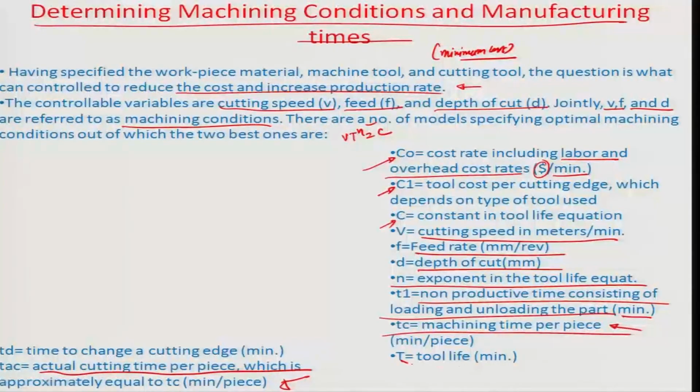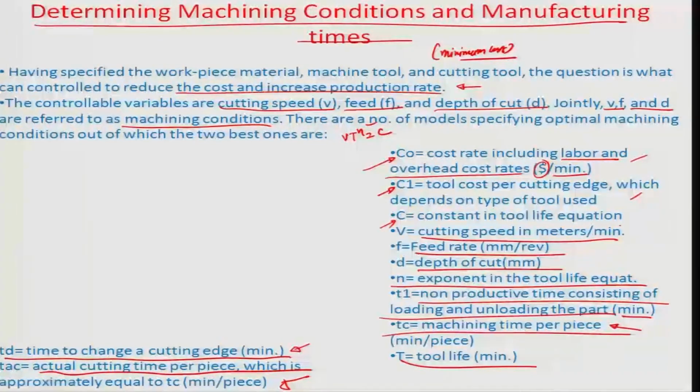T is the tool life in minutes, and Td is the time to change a cutting edge. Cutting edge means an insert. Therefore, if you want to change an insert because of its wear, you need about Td time to change that insert in the machine. So, having said that, let us bring out the cost of labor, overhead, tooling, and so on and so forth, which is used in machining, and then try to optimize or minimize the cost in this particular case.